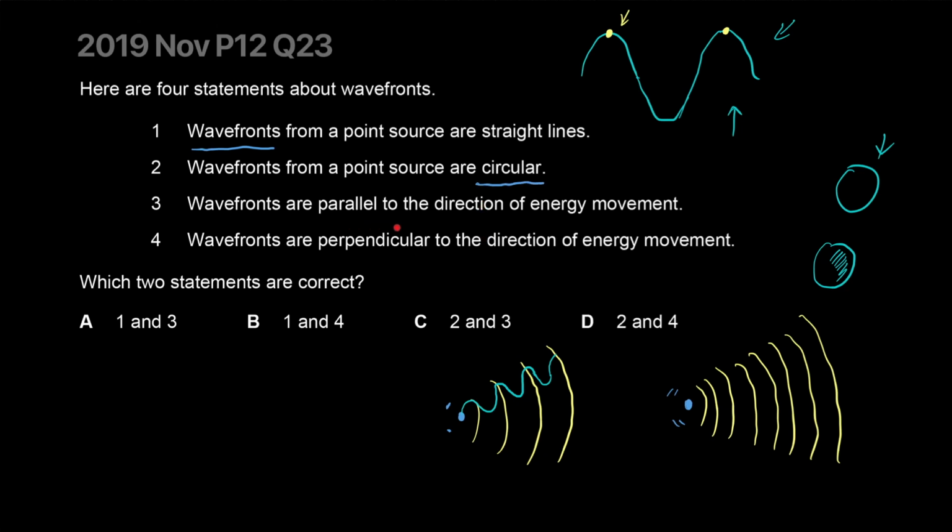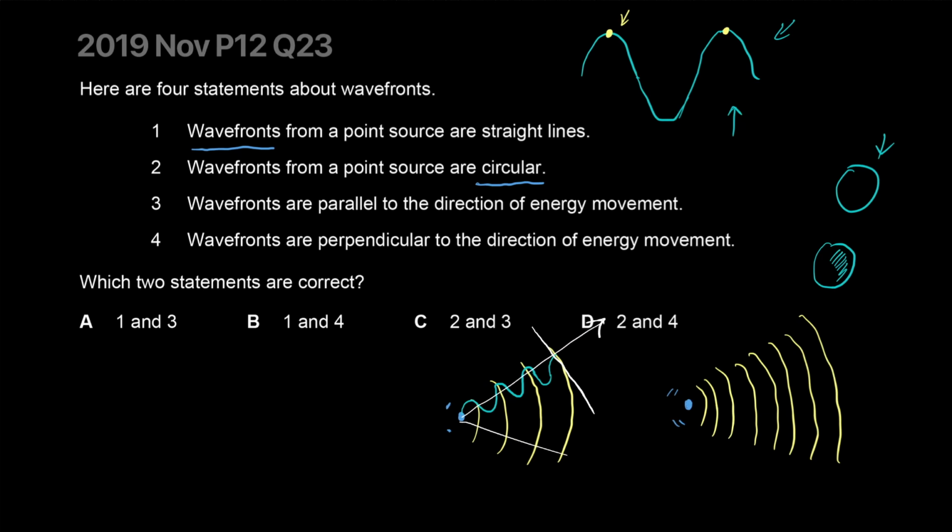Wavefronts are parallel to the direction of the energy movement. That is true, right? So if I try to draw a tangent over here on this wave, it's trying to tell me that the wave is moving like that.